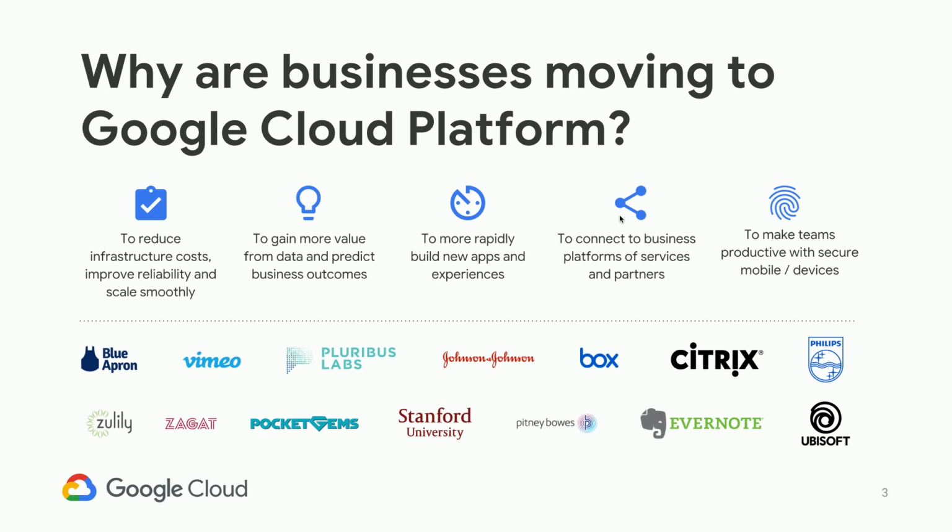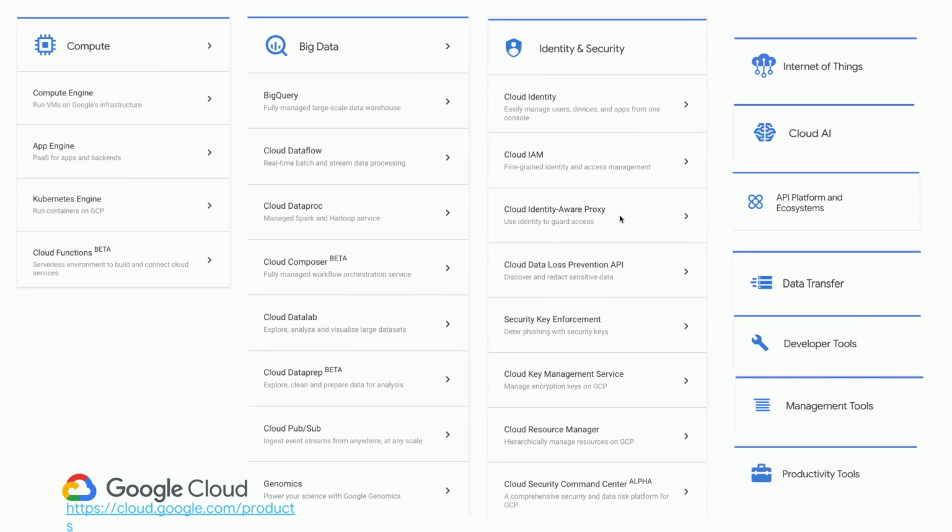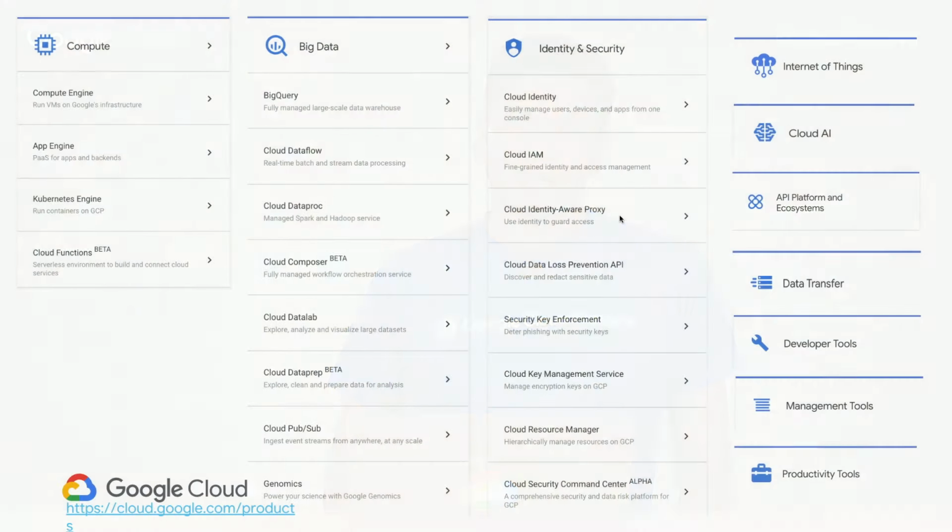So regardless of the reasons that you want to move to the public cloud, with Google Cloud Platform, we provide a number of services that allow you to build applications for your various needs. You have the compute services. For example, we have Google Compute Engine, where you can provide infrastructure as a service. You have the container engine, so if you want to deploy applications in Kubernetes, we have a managed Kubernetes service for that.